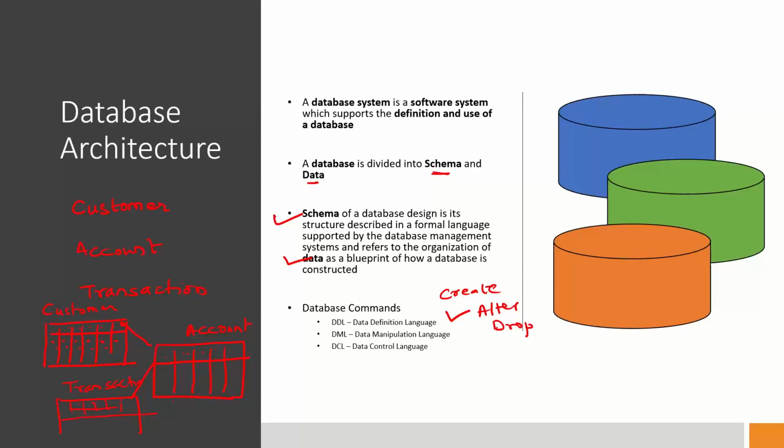The syntaxes by which you insert, update, delete, select data, they are part of your data manipulation. Who can access data and who does not have the privilege, or someone had privilege and you revoke the privilege, these syntaxes are data control language.